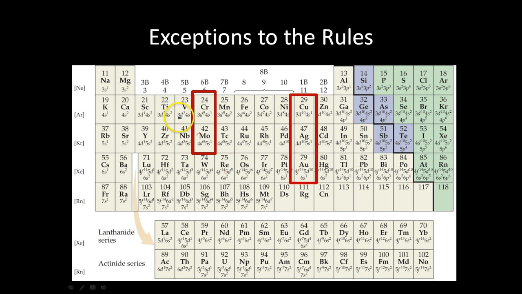So instead of being 4s2 3d4, which is what we would expect, we find the 4s1 3d5. Again, over here, what we did is we went to a half-filled 4s subshell so that we could fully fill that d subshell. And this happens for Cu, Ag, and Au, and Cr and Mo. So chromium, molybdenum, copper, silver, and gold.